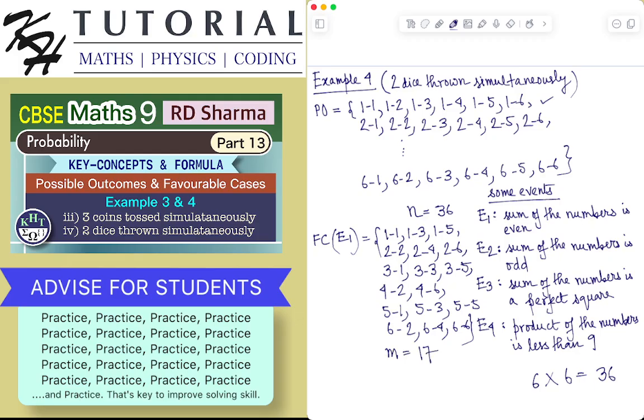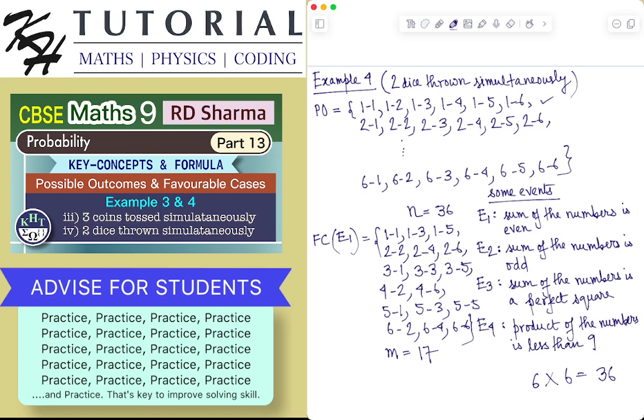I could be making some silly mistake in the basic calculation and counting. If that happens, please feel free to let me know in the comment section. So the idea is how I choose which of all the possible outcomes will be favorable to the event E1.